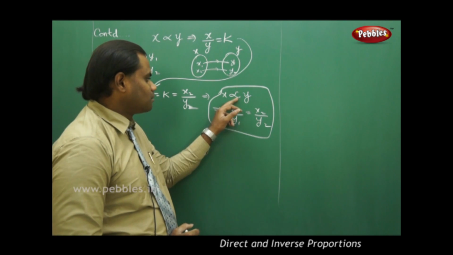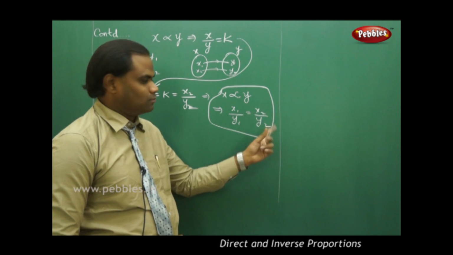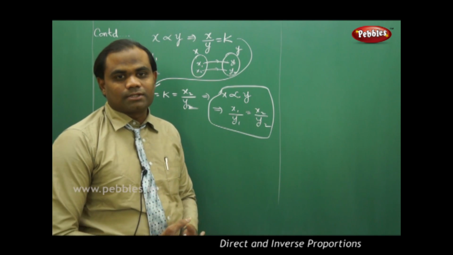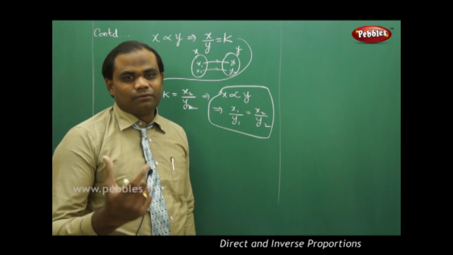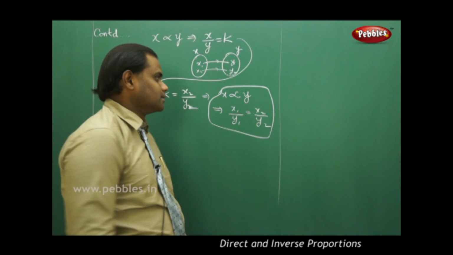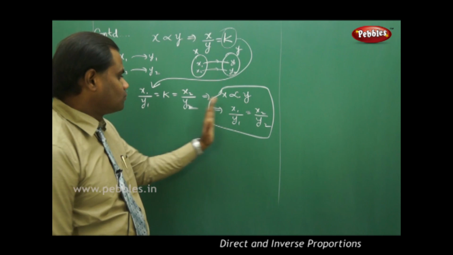So when x is directly proportional to y, x1 by y1 must be equal to x2 by y2, which is equal to k, the constant of proportionality. The value as obtained from this and this will be a value which is called constant of proportionality, which is denoted with k. So this is how I understand for two quantities.